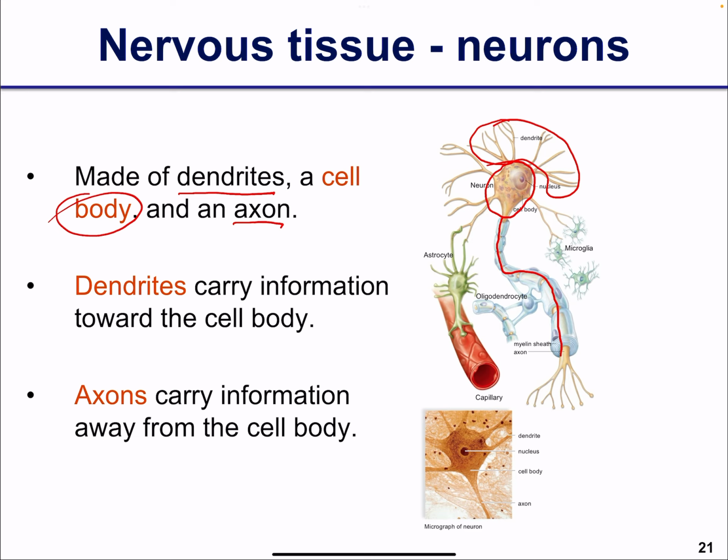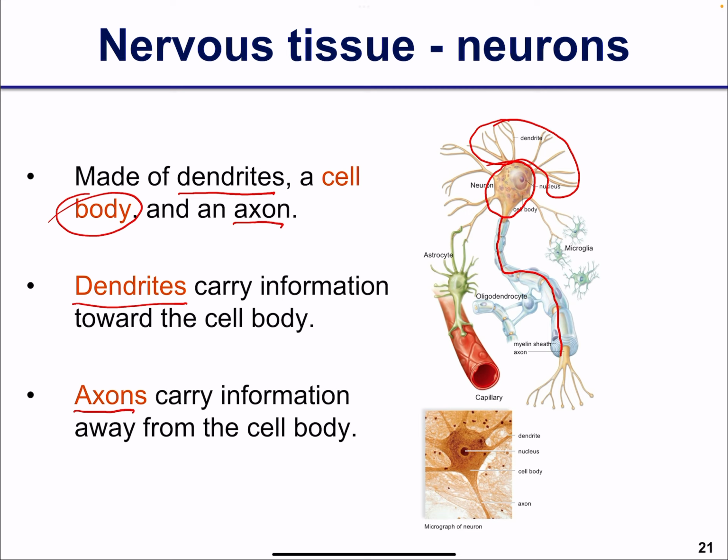Now, the job of the dendrites is to receive information and send that information toward the cell body, while the axons are going to carry the information from the cell body to the organs that need to be stimulated so that there is a response to an input signal that came.